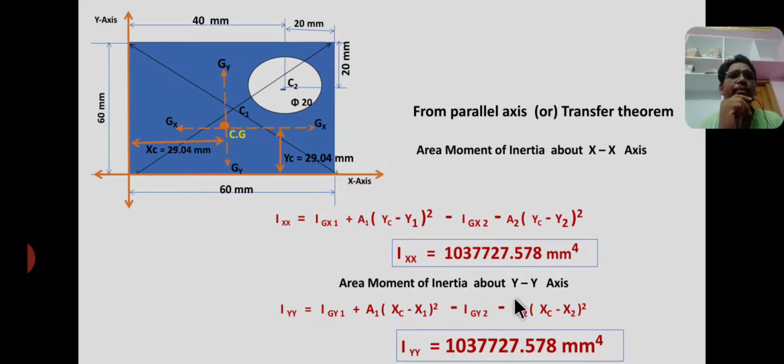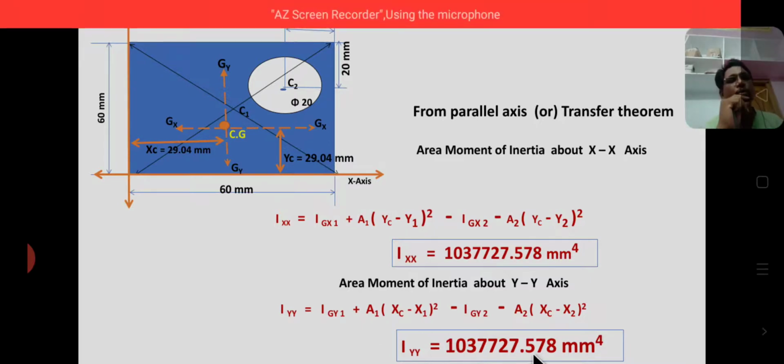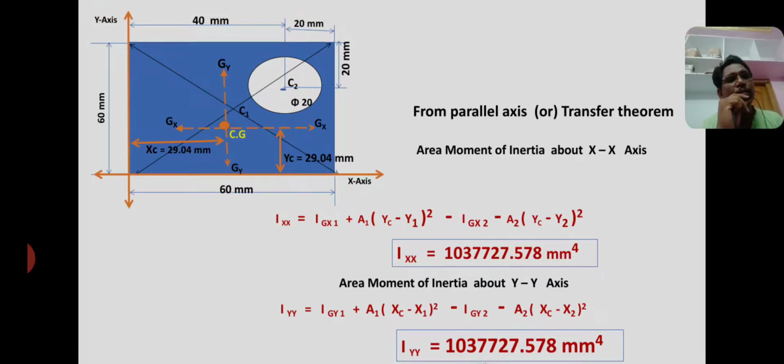Similarly, area moment of inertia about the y axis, that means this axis: Iyy equal to Igy1 plus a1 into (xc minus x1) whole square minus Igy2 minus a2 into (xc minus x2) whole square, and the final answer is Iyy equal to 1037727.578 mm power 4. These are the final values for this composite section.